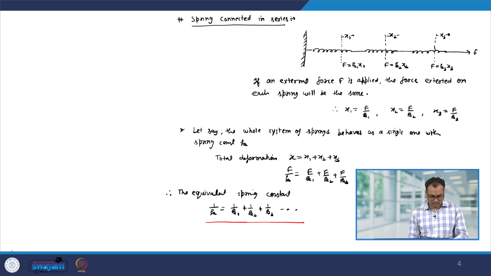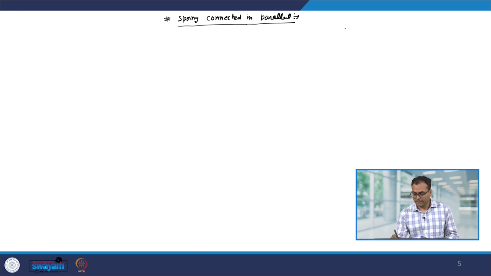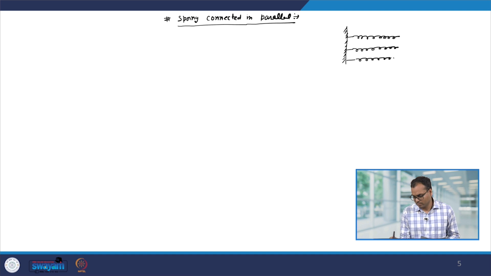Now, let us see the case where springs are connected in parallel. Okay. So, here the situation is like that, you have let us say 3 springs, and on these springs the force F is applied. Okay.